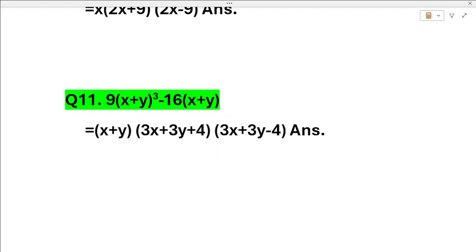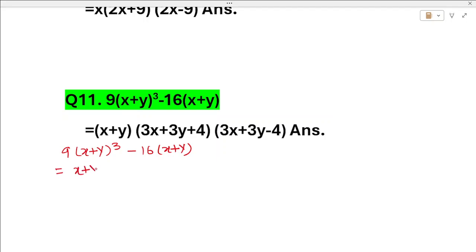Question number 11. It is 9 times x plus y whole cube. It is one term, and it is x plus y. Now you take x plus y as common.